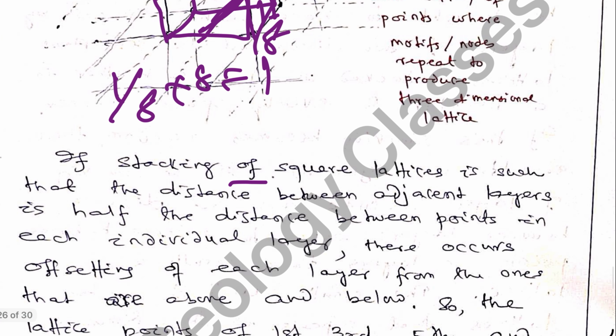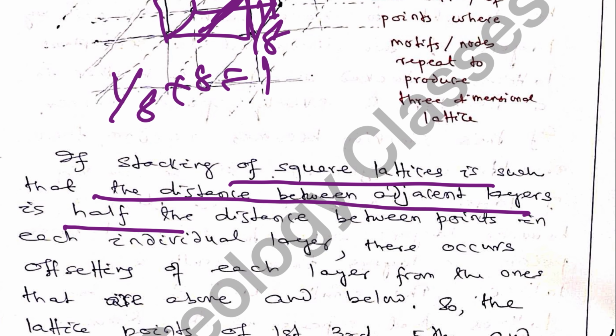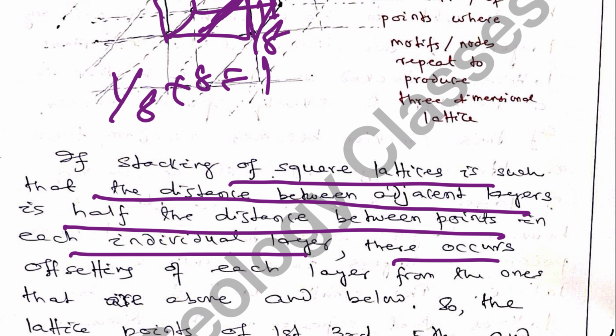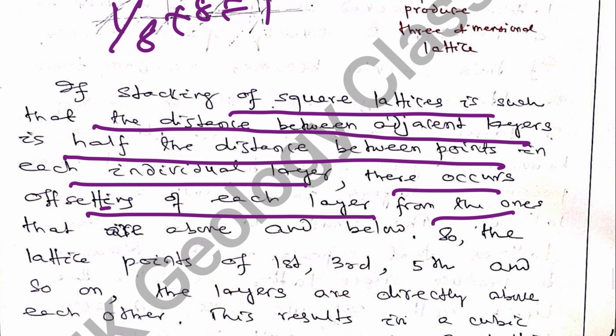If stacking of square lattices is such that the distance between adjacent layers is half the distance between the points in each individual layer, there occurs offsetting of each layer from the ones that are above and below.